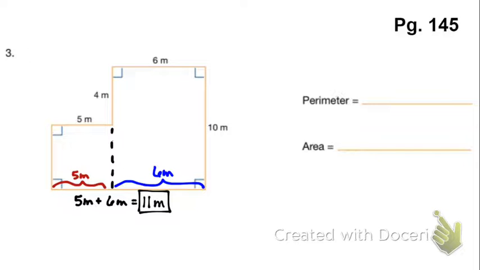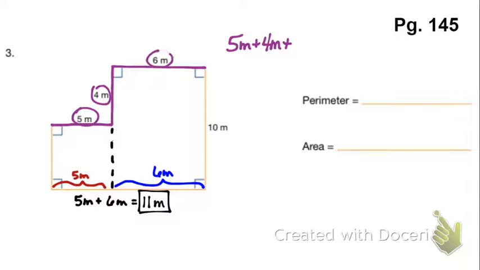Here's what we're going to have to look at for that. As I'm walking around finding the perimeter of this thing, I know I've got this 5 meters here, right? And then I turn and go up, I've got 4 meters. 5 meters plus 4 meters. Then I go across the top, and that's how big? 6 meters.